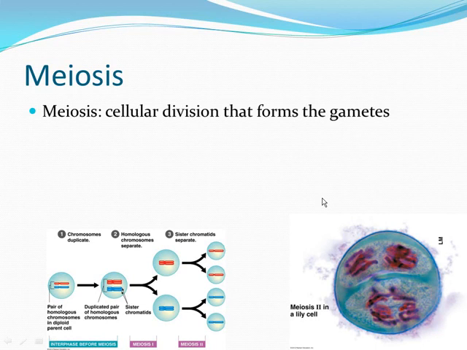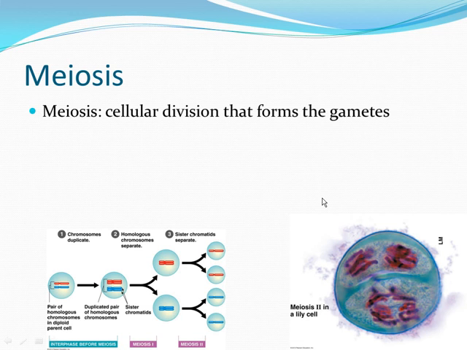Meiosis. Meiosis is different from mitosis because we're actually forming gametes. And once again, gametes have 23 chromosomes. Gametes, right? Our sex cells, our sperm and egg. It makes sense, right? Why does our sperm and egg have 23 chromosomes?